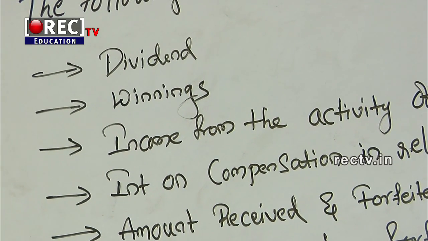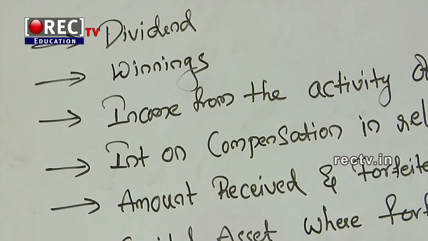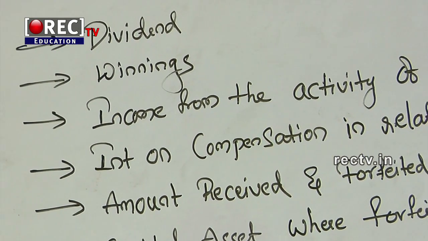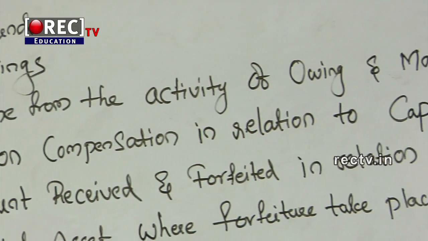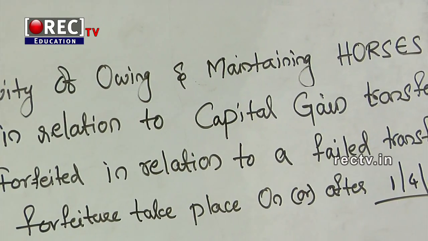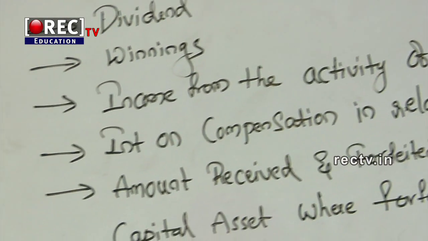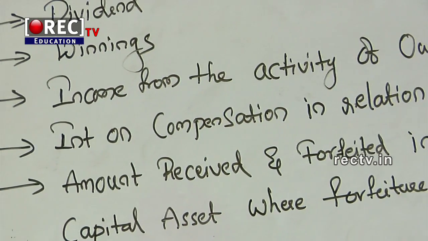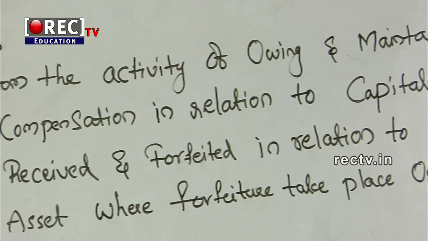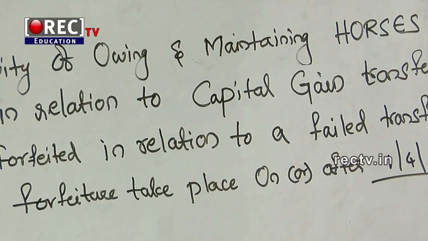Let us see once again. The following incomes are mandatory as IFOS. One is dividend, another is winnings, third is income from the activity of owning and maintaining horses, the fourth is interest on compensation in relation to the transfer of capital assets.